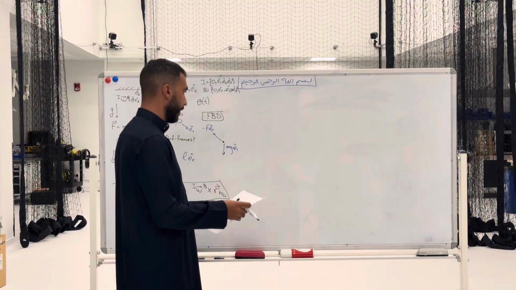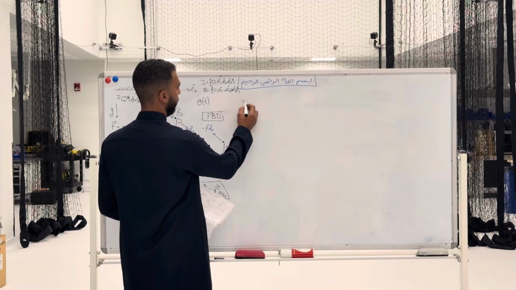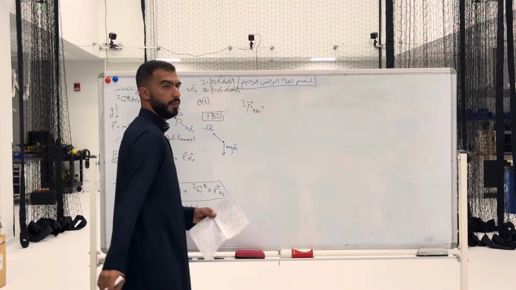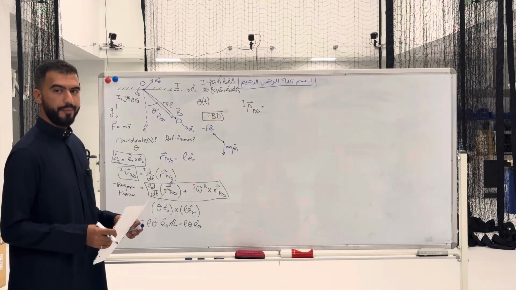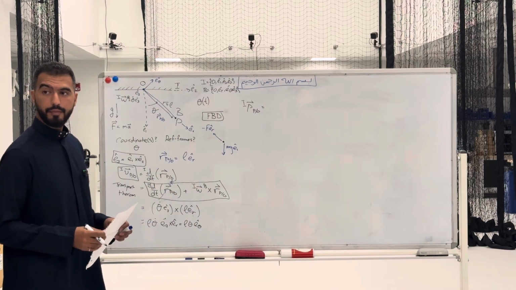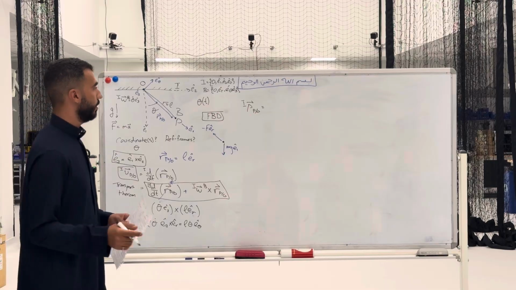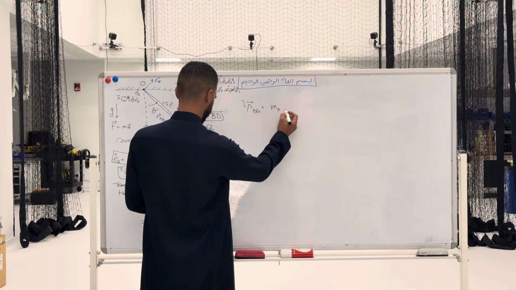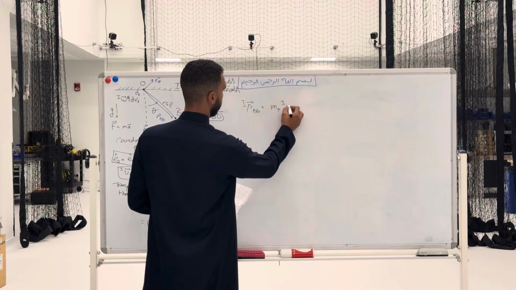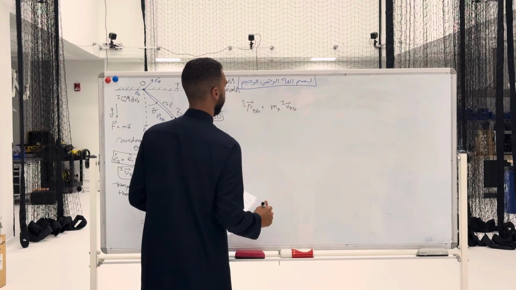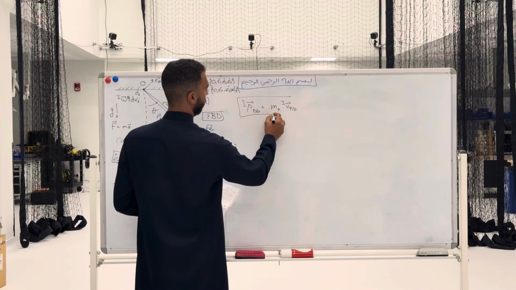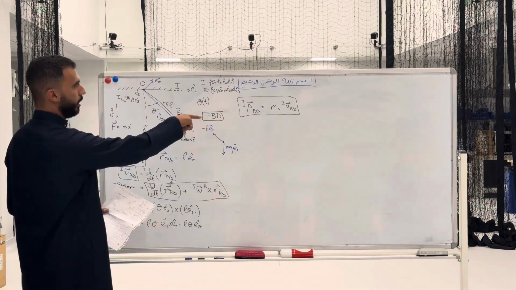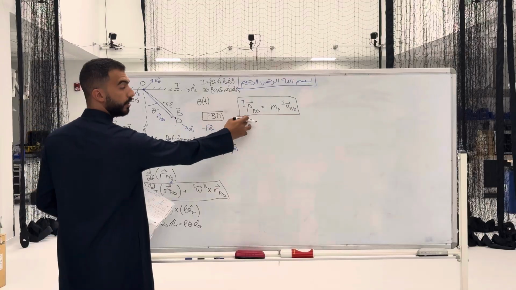Do you guys know the linear momentum? Anyone knows the linear momentum? Mass times velocity. Mass times what? Velocity. Right. So the mass of P times the inertial velocity. So, what does this tell you about the linear momentum vector?